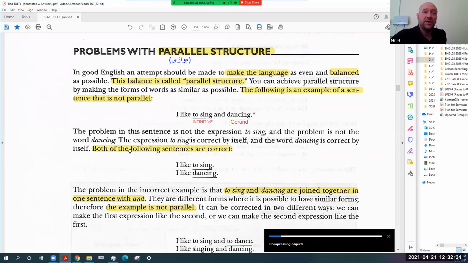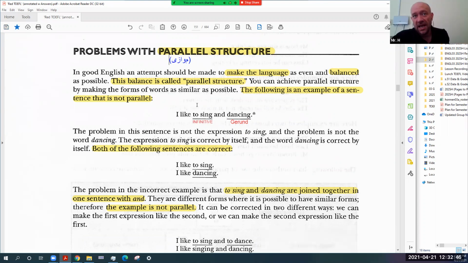Osama, can you read down here? Both of the following sentences are correct. I like to sing. I like dancing. So now if we take the first example and we separate it, we use just the infinitive, or just the gerund, it's okay.